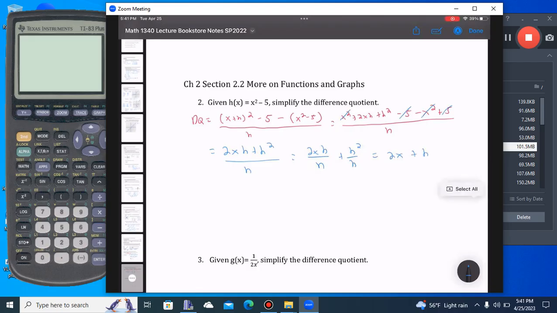Now it's okay that we have the h in the numerator here. If that is 0, then you get just 2x. The main thing was getting this h out of the denominator, so we don't divide by 0.